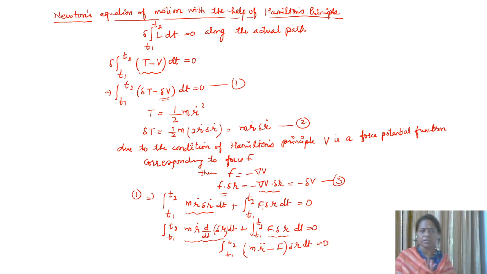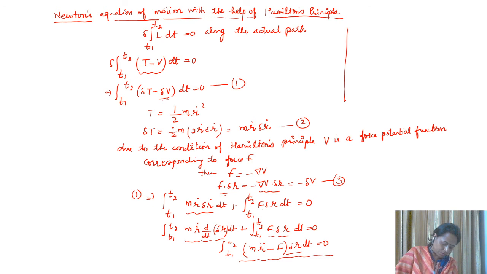You can solve this very easily, there is nothing special in it. Now delta R is an arbitrary virtual displacement, and therefore this integral will be 0 if this integrand is 0. So from here you got m r double dot minus F is 0, or F is equal to m r double dot. What is it?